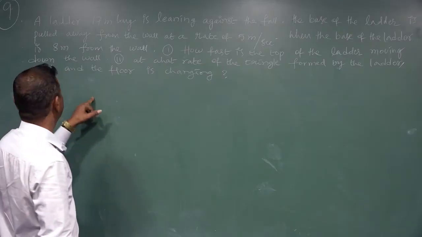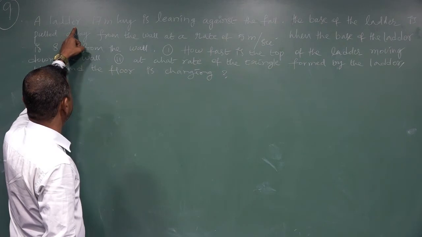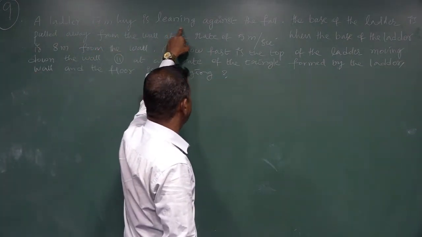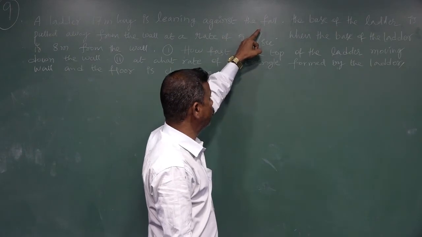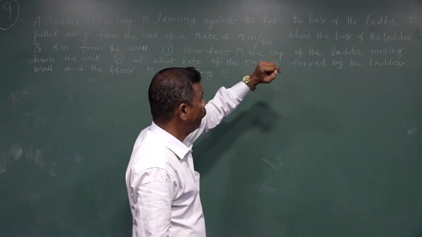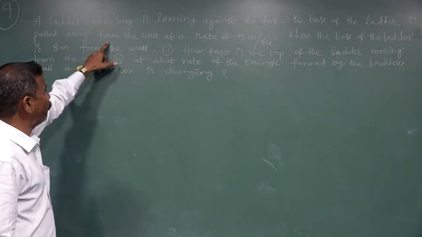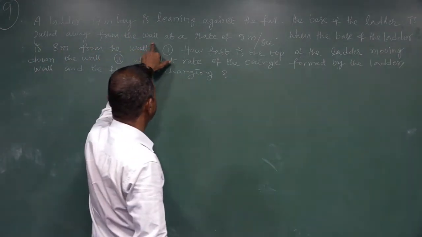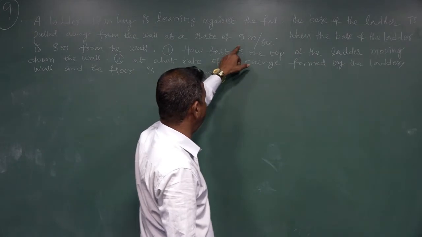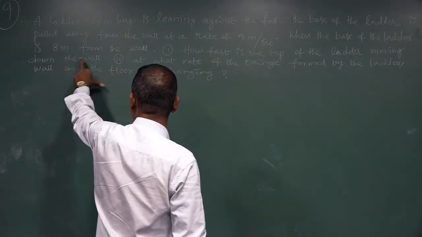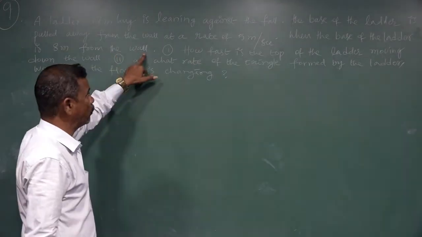Ninth problem. A ladder 17 meters long is leaning against the wall. The base of the ladder is pulled away from the wall at a rate of 5 meters per second when the base of the ladder is 8 meters from the wall.